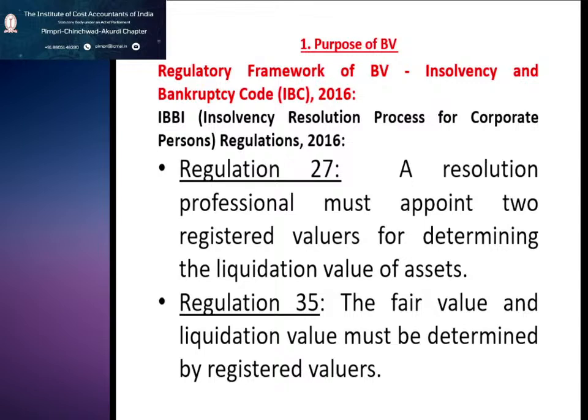Then Regulation 35 of the IBC mandates that the fair value and liquidation value must be determined by the registered valuer. So again, wherever a fair value or liquidation value is required to be assessed, it should be done by registered valuers only.